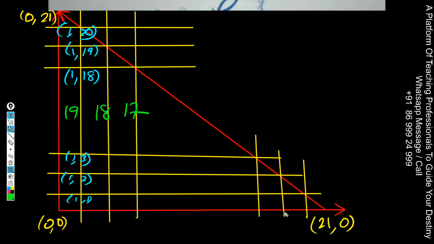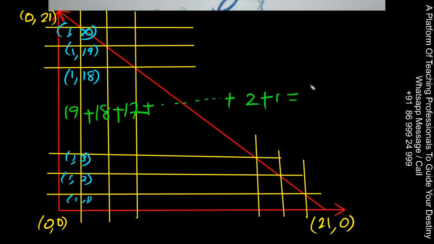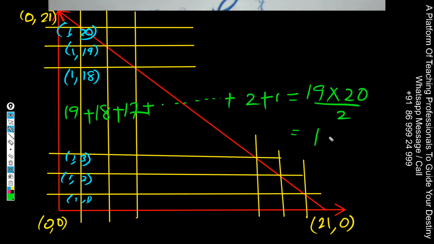For x equal to 19, there will be 2, and here it is 1. So, the final answer is 19 plus 18 plus 17 and so on plus 2 plus 1, the sum of the first 19 natural numbers. n into n plus 1 upon 2 is nothing but 190.